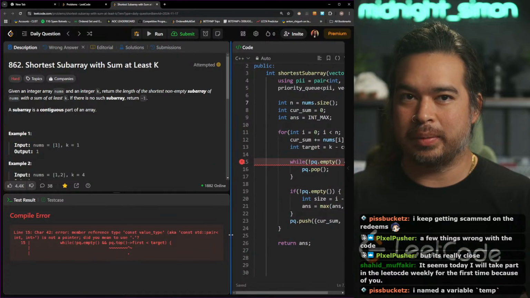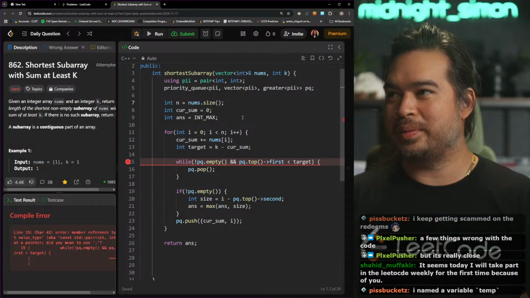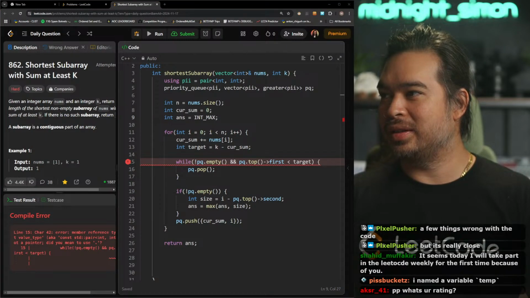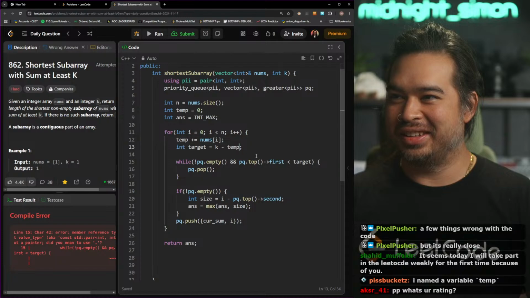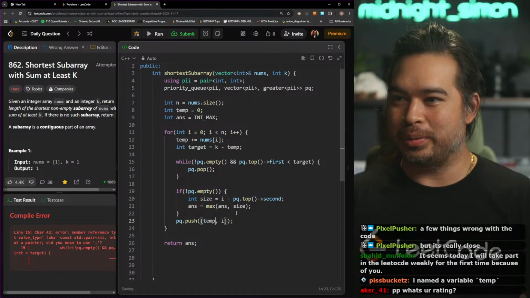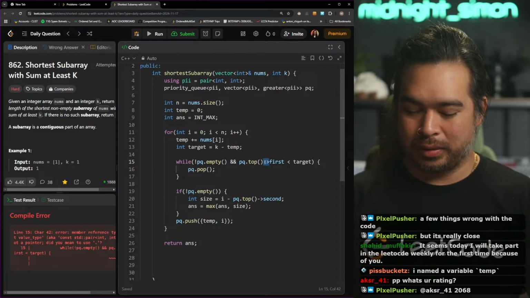What are they talking about, man? I named a variable temp. Let me rename a variable temp for you. Oh, maybe it's just dot.